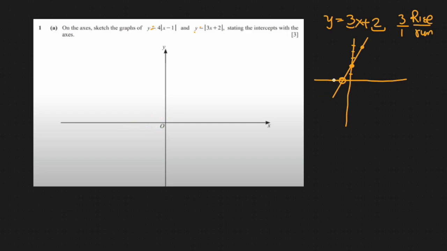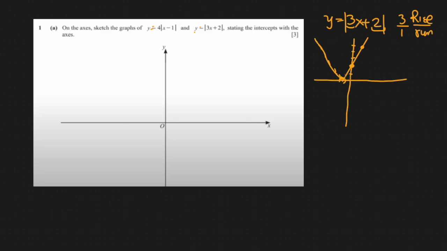When we put absolute, the negative side reflects back and we get a reflection of this. This V shape is the graph of y equal to |3x plus 2|, and we erase the negative part. This is how the graph looks like.